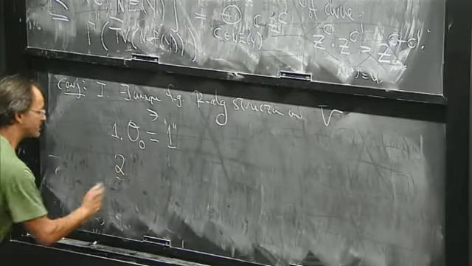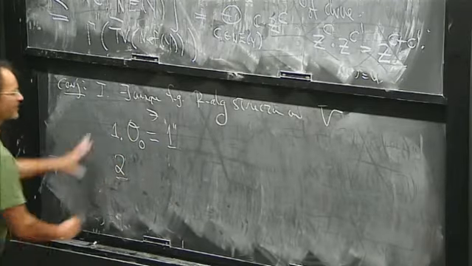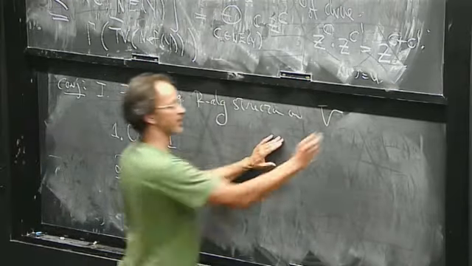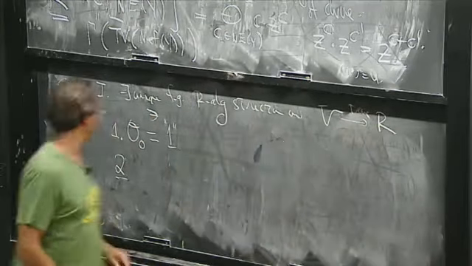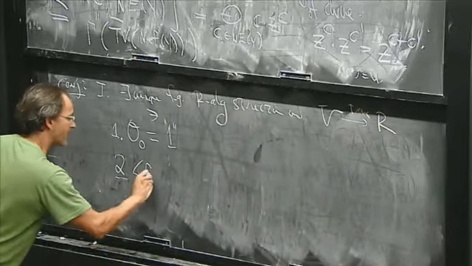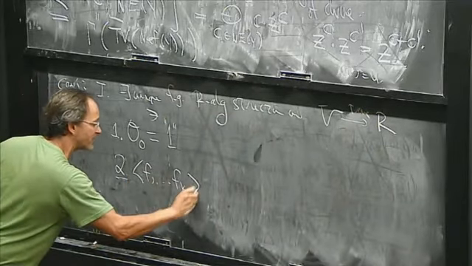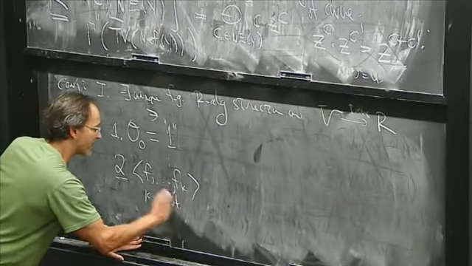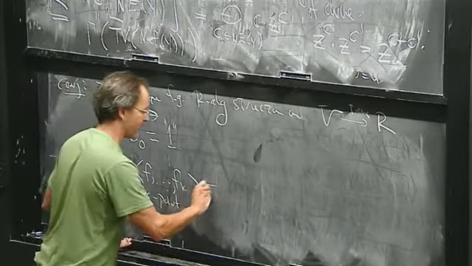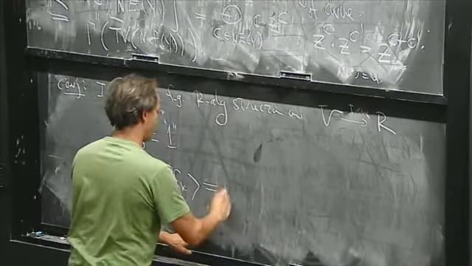The second condition is that I already have the trace function on V, which is just taking the coefficient of theta 0. I want my k-point function, which I just defined by counting rational curves, to be the trace of the product.